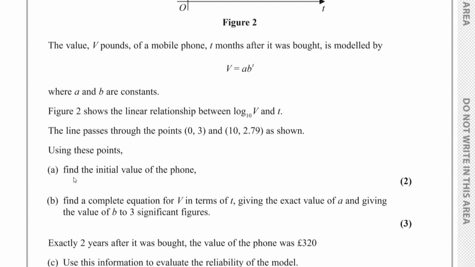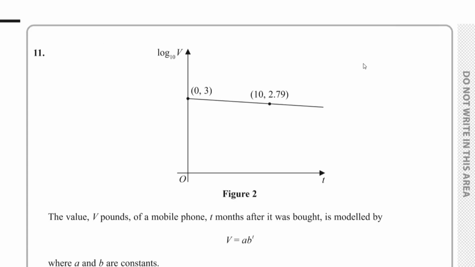Part A. Using these points, we have to find the initial value of the phone. For us to find the initial value of the phone, we need to find out what the value v is.